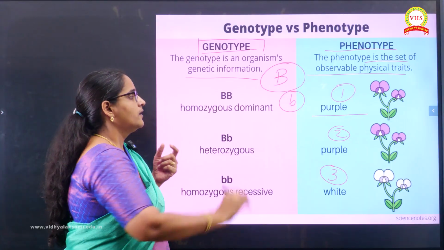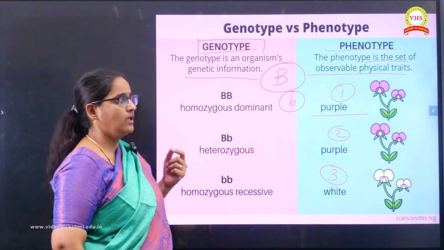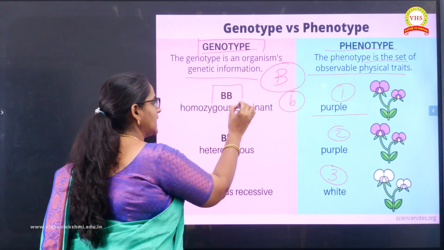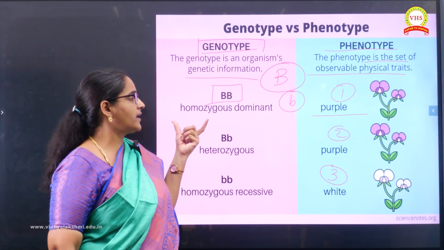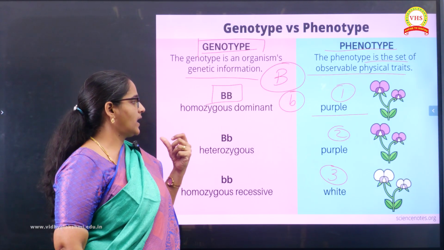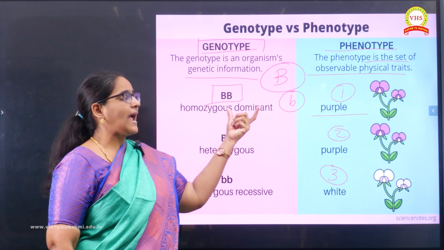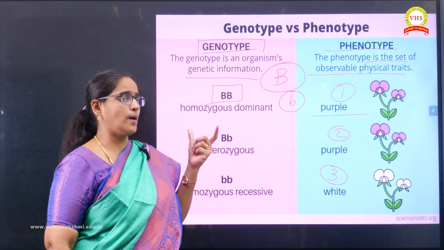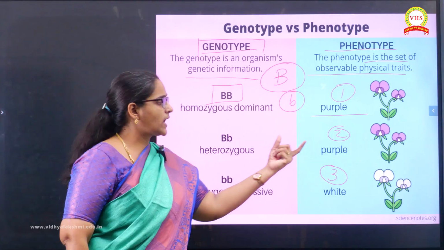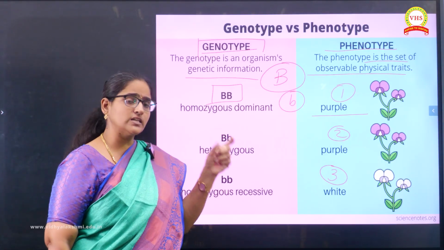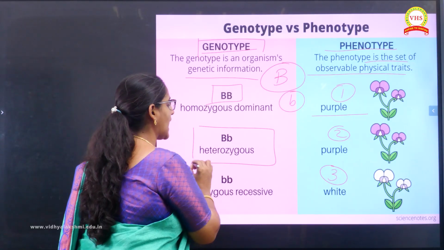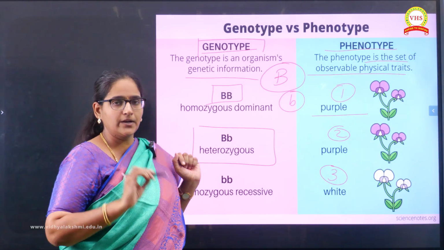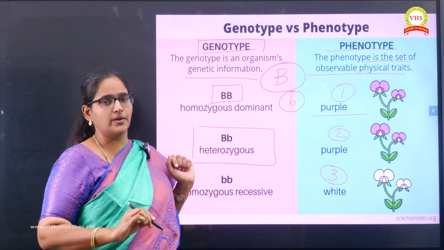So here the first purple plant is given the genotype capital B, capital B. If it is the same, it is called homozygous, right? So this capital B, capital B is homozygous and dominant in nature because the dominant character is purple. Now look at the second flower. The second flower is also purple in color. But if you see the genetic composition, it is capital B, small b, heterozygous, dominant in nature.